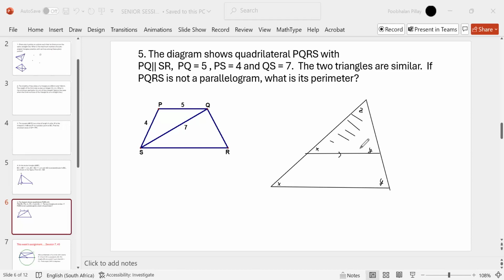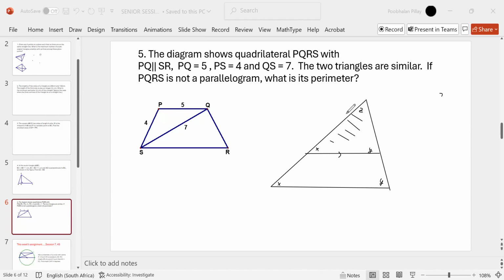Okay, so these two triangles are similar, which immediately tells you that you got some ratios which work in this, right? From there you also get a nice result that this piece is to this piece as this is to this piece.